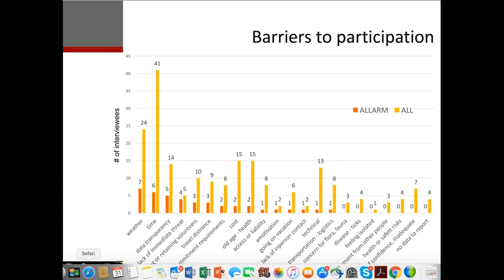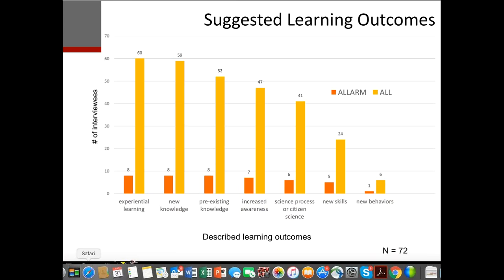Weather, time, and data transparency were the 3 most common barriers to participation out of the 10 people that we interviewed for ALLARM. And you can see there's other things that don't show up in ALLARM at all, like disease or ticks or feeling isolated or safety risks or no data to report. So those show up in other projects and they don't show up as barriers to ALLARM.